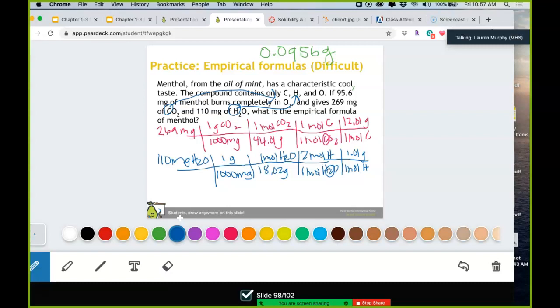So if you calculate this out, let's see, 269 divided by 1,000 divided by 44.01 times 12.01.